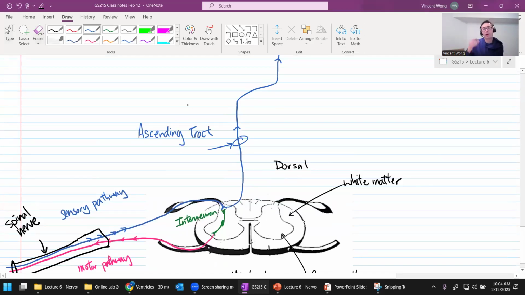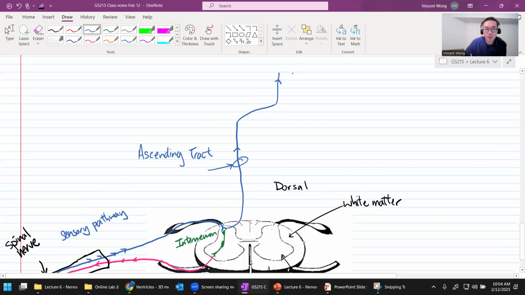Track and nerve are both bundles of axons, but the track is inside the CNS, in this case, the spinal cord, and the nerve is outside of the CNS. So this is going to go to the brain, and it's going to cross the midline. Right? At the brainstem, actually, but we'll worry about that later.